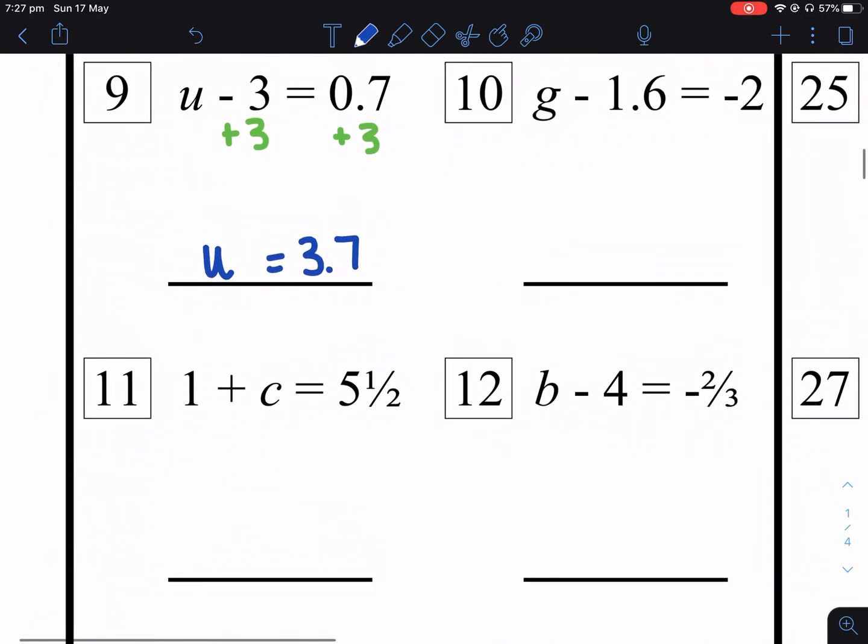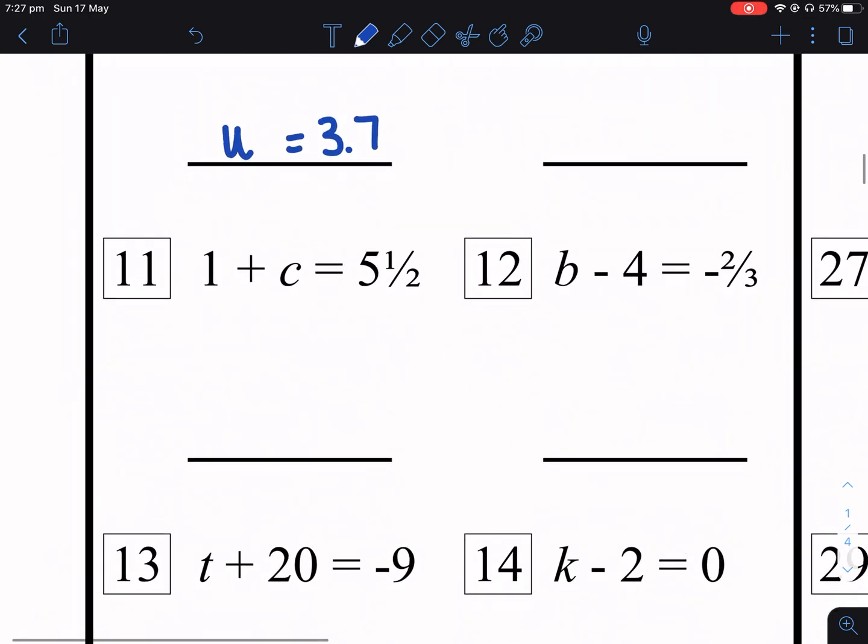Question 11 is the next hard kind of type. We've got 1 plus c equals 5.5, yeah? Now, we're not trying to get rid of the plus c, we're trying to get rid of the 1. Whenever we write c equals, which our answer in the end is going to be, there's automatically a plus sign in front of it. Every time you see something without a plus or minus in front of it, you automatically assume it's a plus, because it's a positive number, and plus is the same as positive.